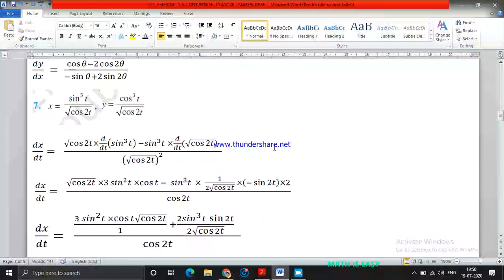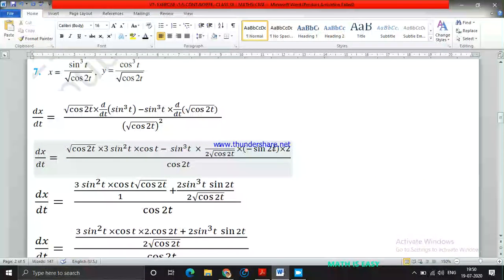Let's cross check if anything is missing. Root x derivative is 1 by 2 into x to the power of minus 1 by 2, 1 by 2 root x.